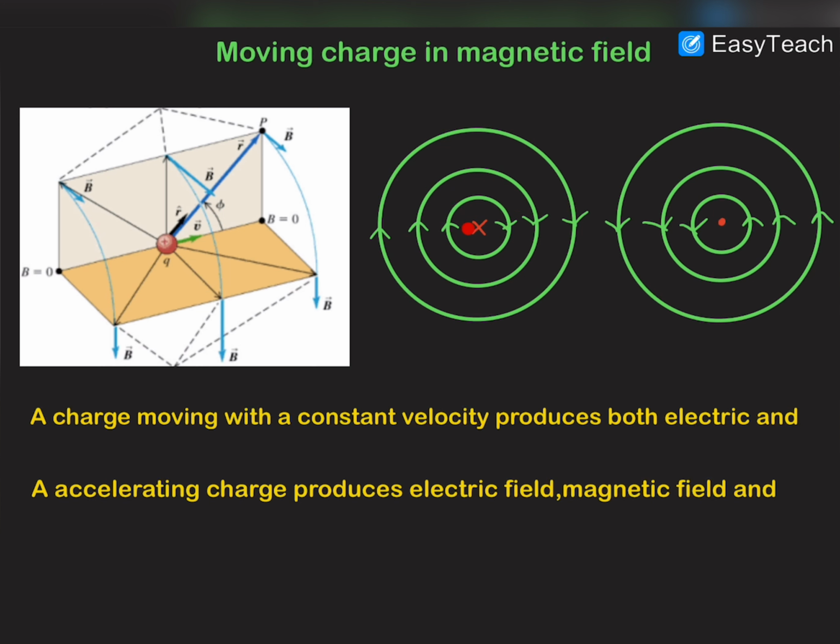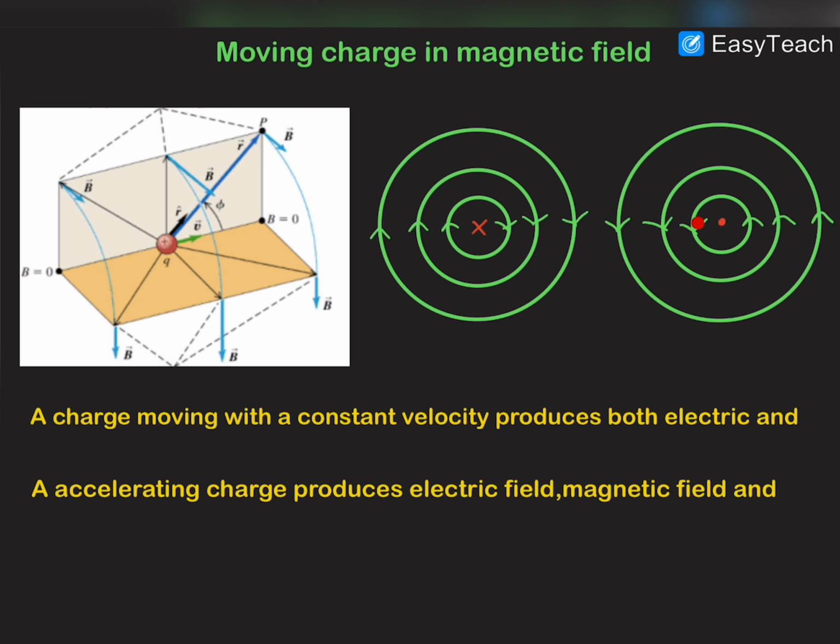So place your thumb pointing inside the plane of the screen and curl the fingers. You would observe that these curls are clockwise, and these circles represent the magnetic field around this moving charge.